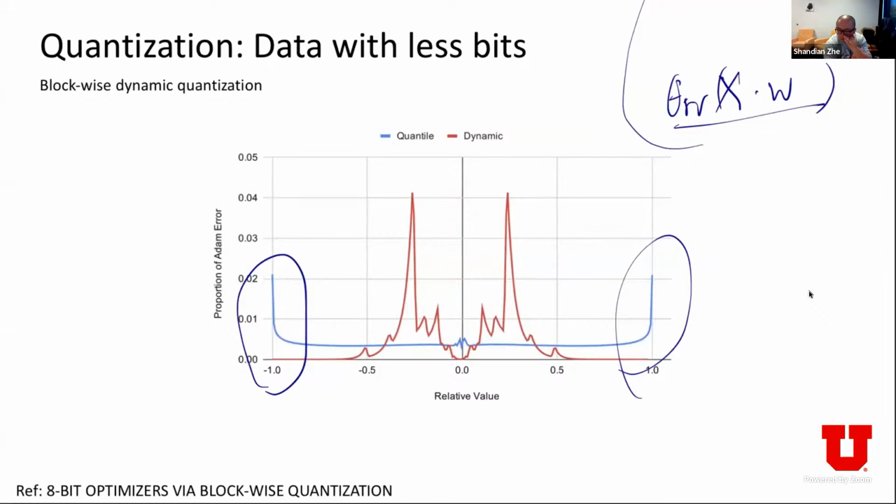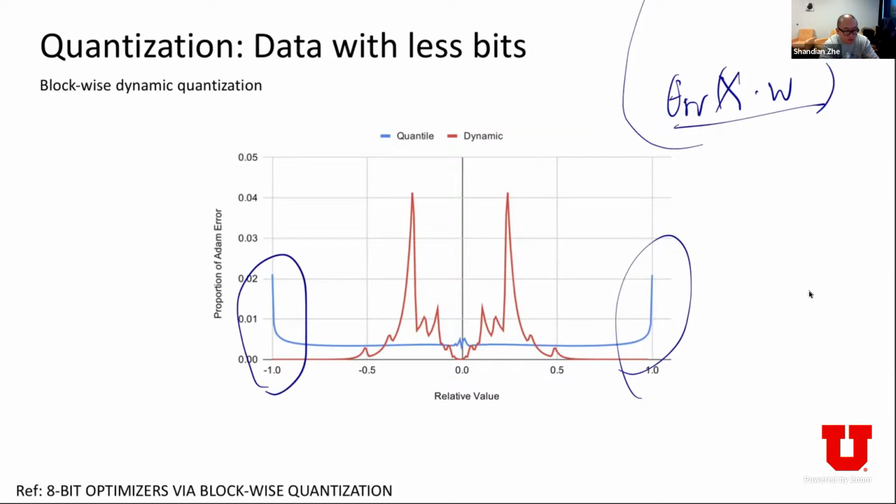Okay, so yeah, but if you use a quantile based approach, because the outliers are few, if you look at the total average error, it should still be very small, right?